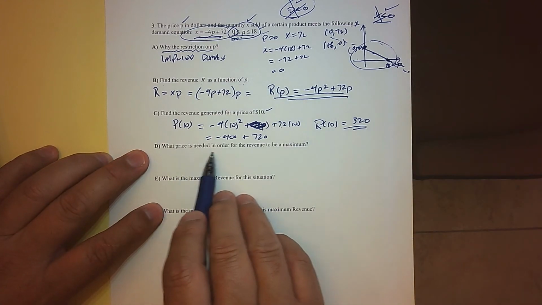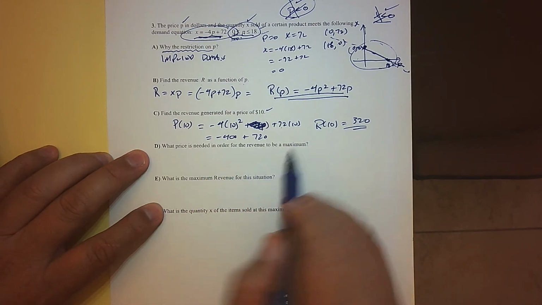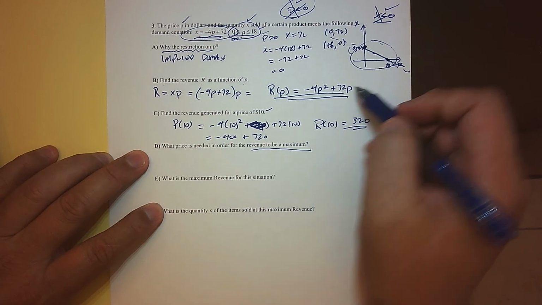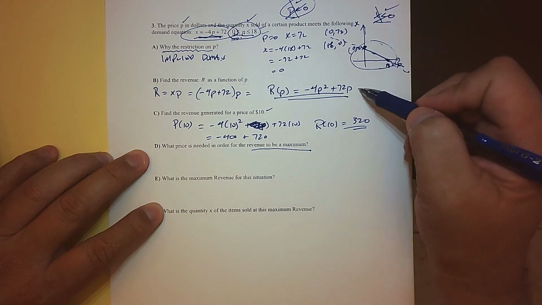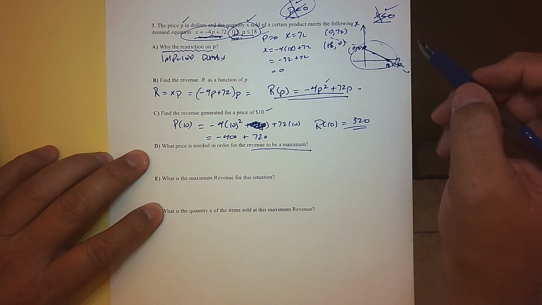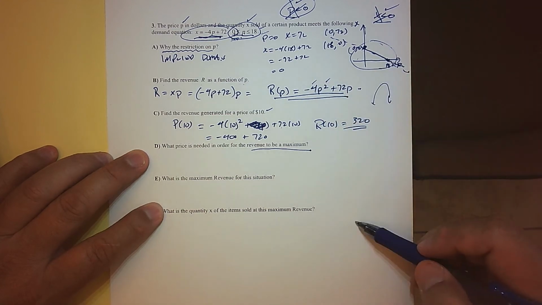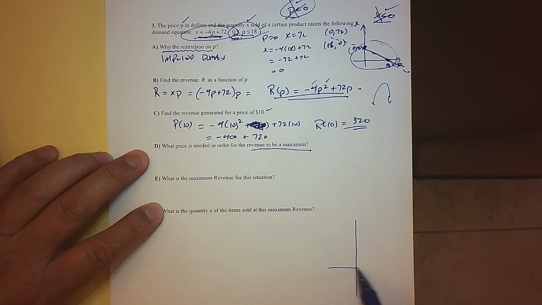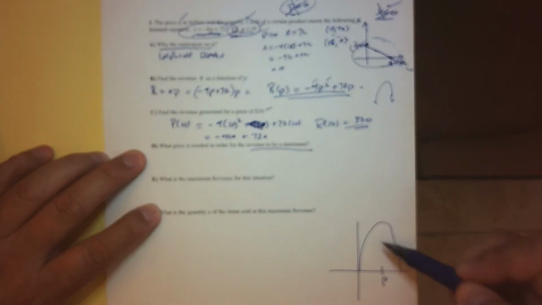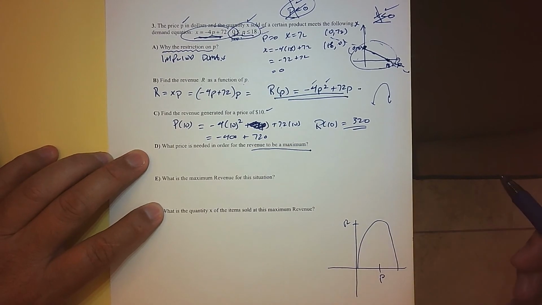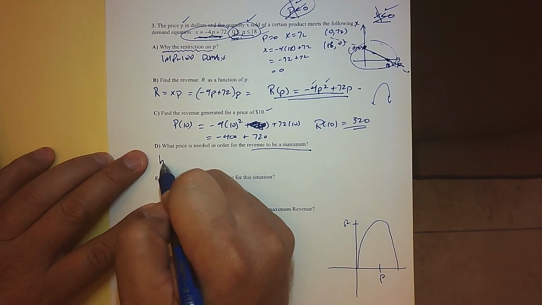Part D, what price is needed in order for the revenue to be a maximum? Going back to this equation, we see that it is a parabola. We have P squared, and A is negative, so we are definitely looking for the vertex. What P value creates a maximum R value? So we're looking for H and K. What do we know about H?